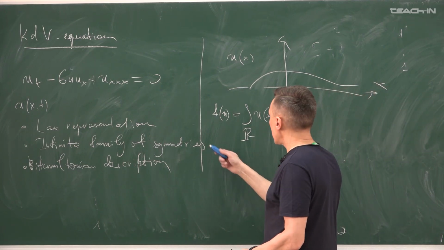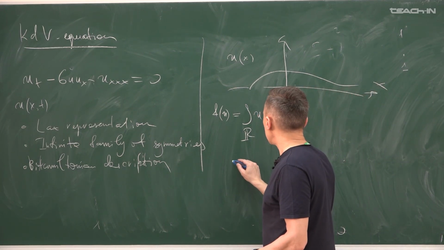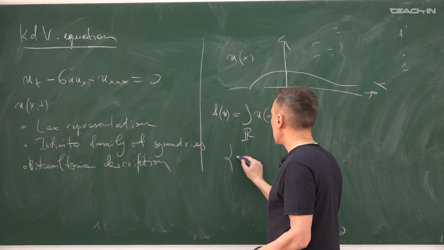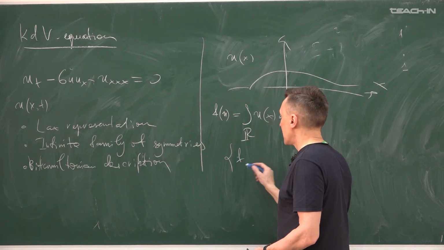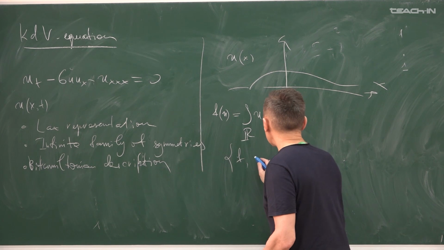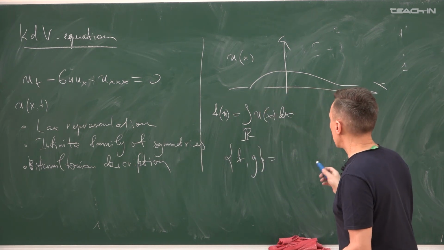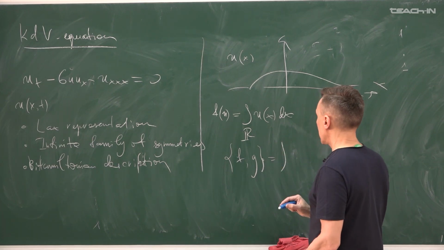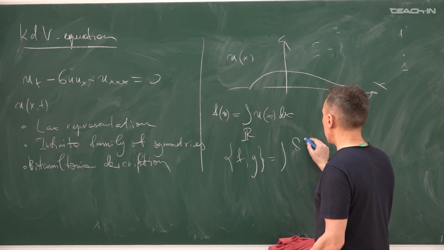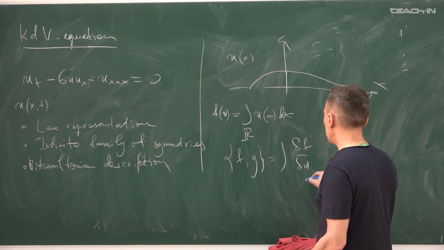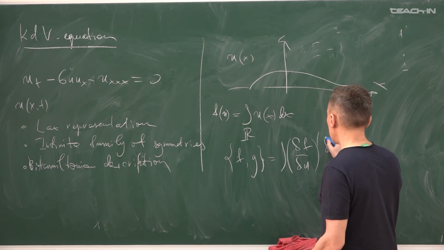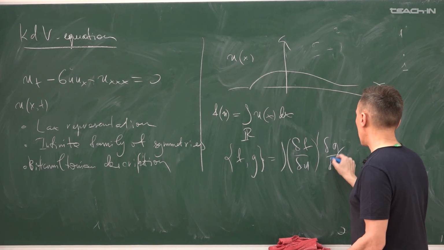One of the Hamiltonian structures is written in the following way. The Poisson bracket of two functionals, f and g, is, what is it? It's the integral of df over du, prime, dg over du.